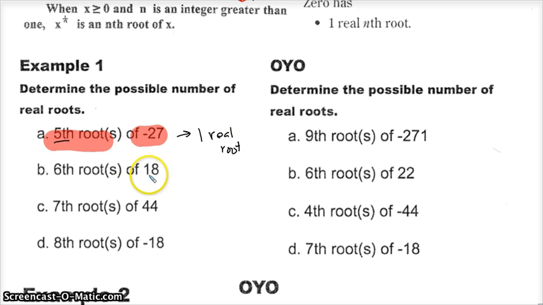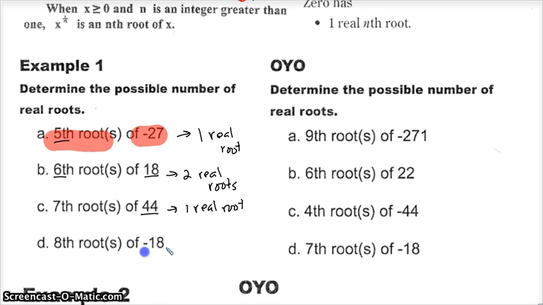Next, I look at 18. 18 is a positive number. I notice that 6 is an even number, so that should give me two real roots. C. 44 is even and positive. 7 is odd, so because 44 is positive, 7 is odd, I know there is one real root.